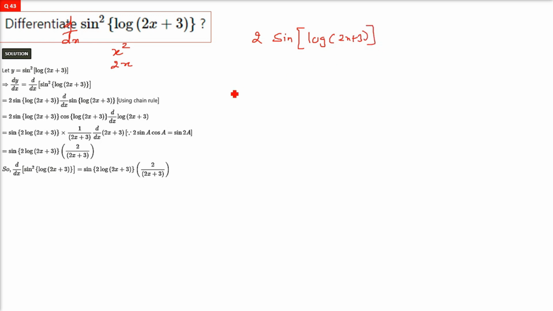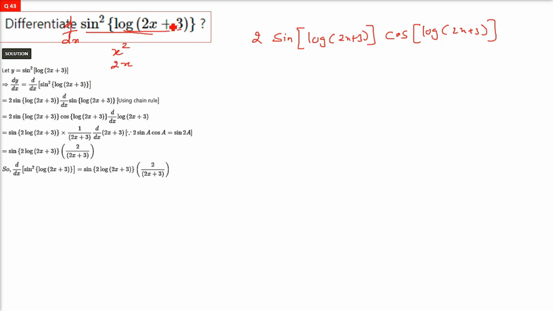Alright. Now this is the first thing. Now we have to differentiate the sine of log 2x plus 3. That will be simply cos of whichever theta you have inside. So cos of log 2x plus 3 it will be. Now this is the chain rule we are adopting. Then log 2x plus 3, what is the differentiation of log?